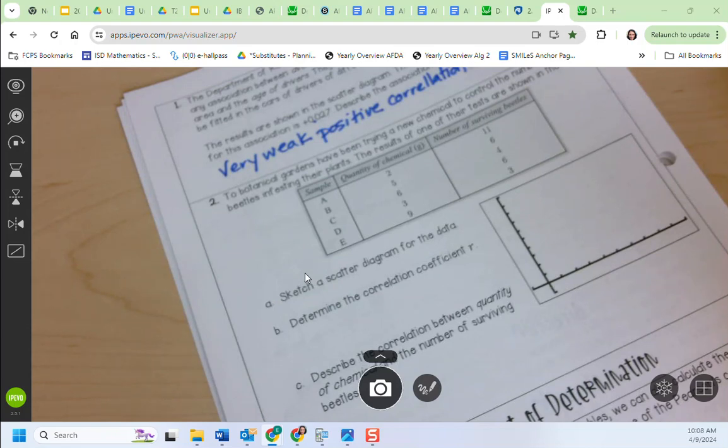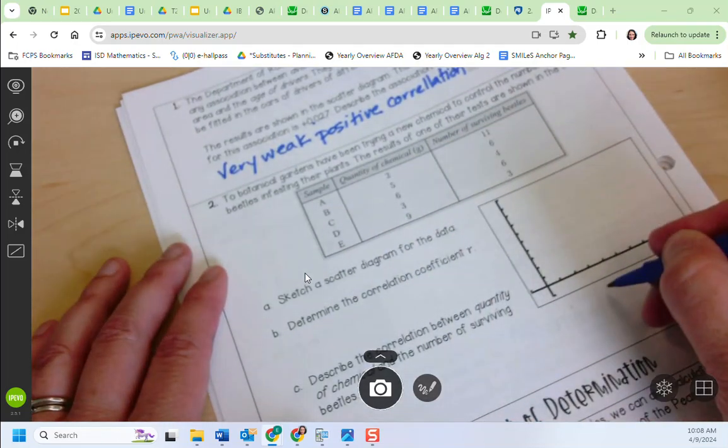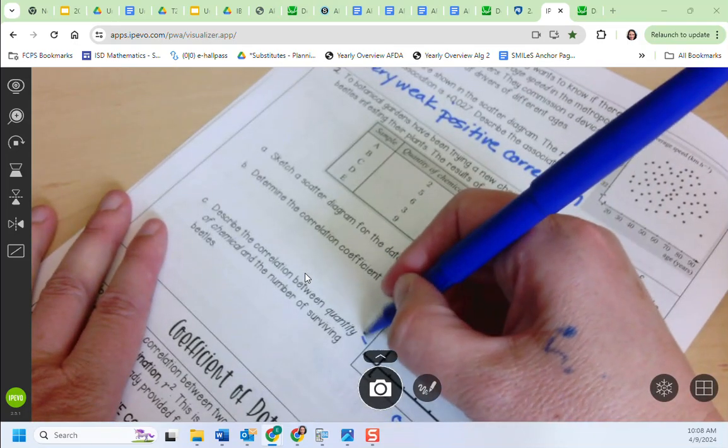All right, here we have some data that we can actually use. We're going to start by just drawing a scatter plot of the data, and we're going to put quality of the chemical on your x-axis, and then the number of surviving beetles on your y-axis.